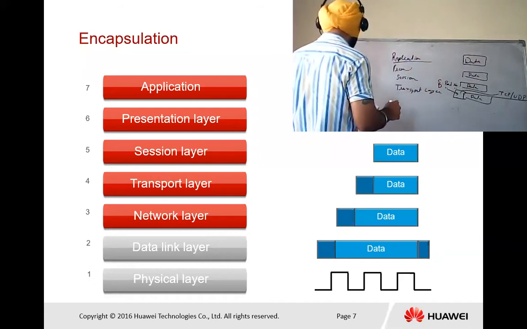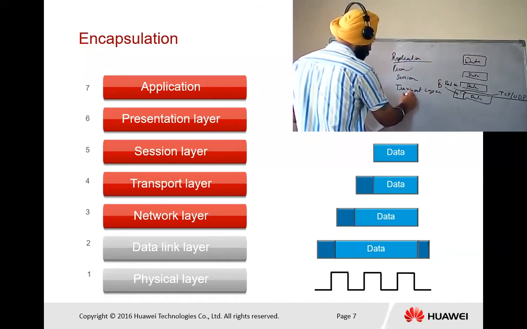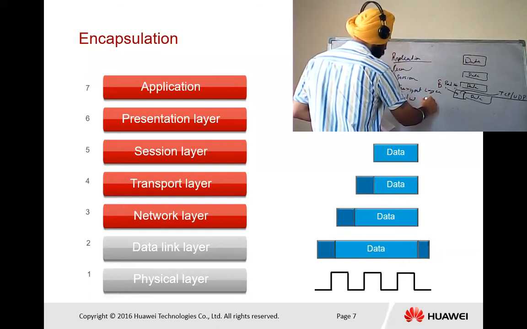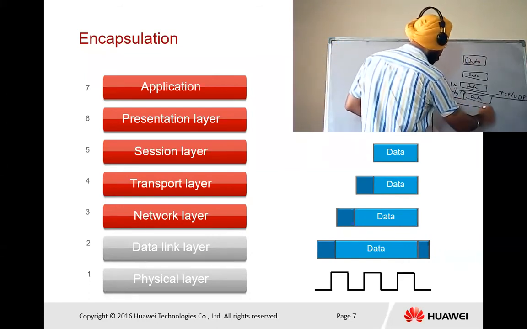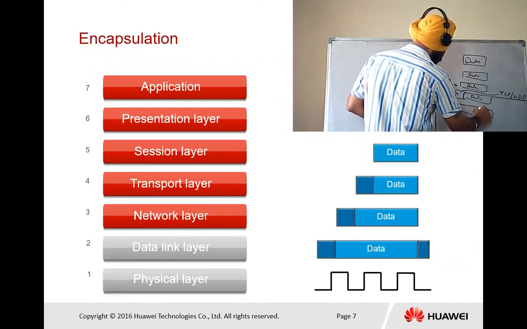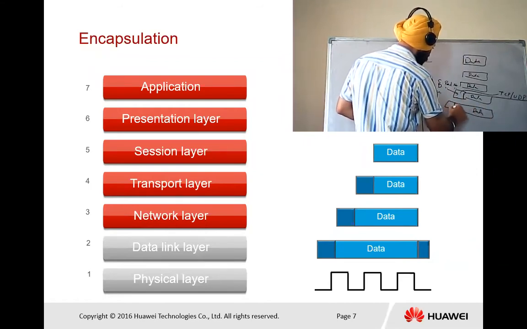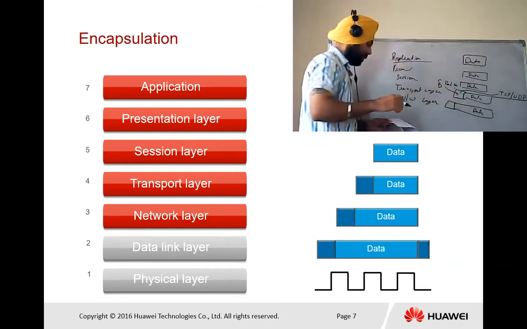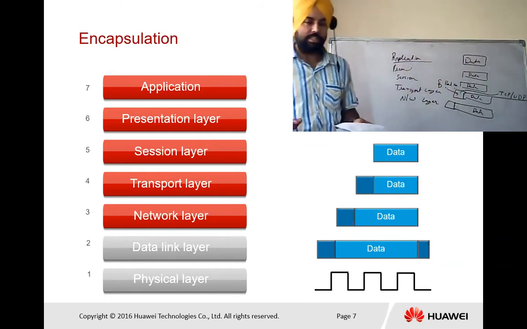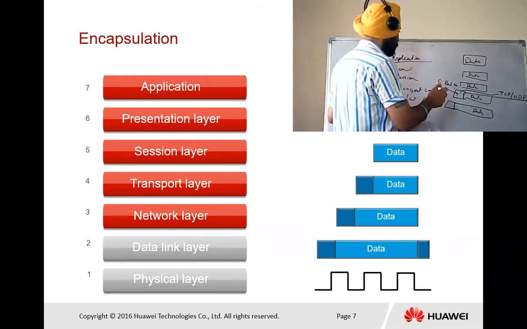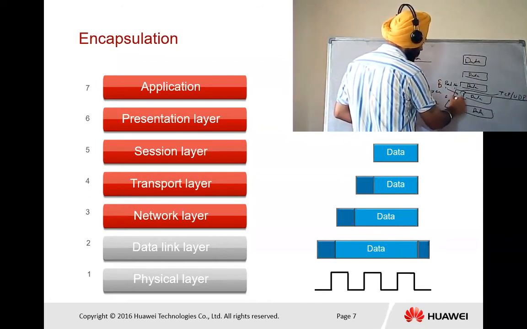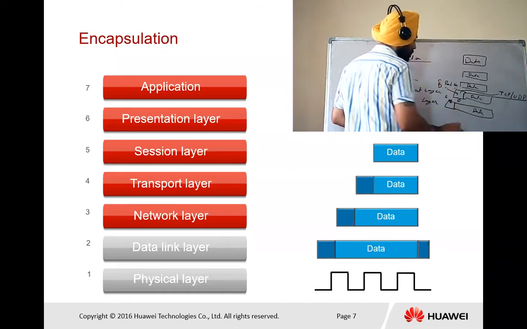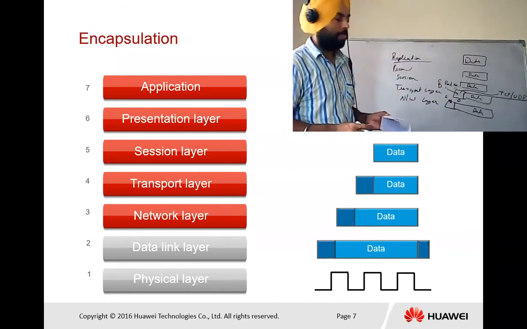After that, we have the network layer: data plus one additional field. That field contains the IP address for the source and the IP address for the destination as well.